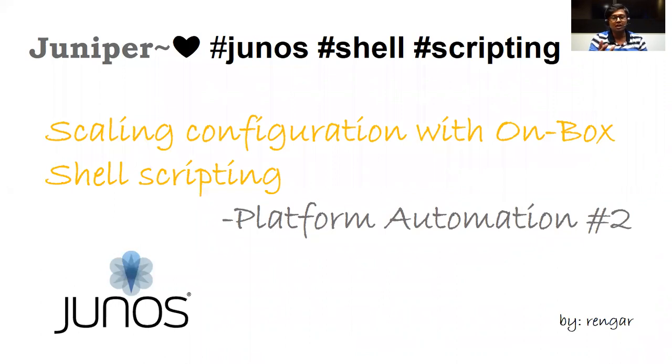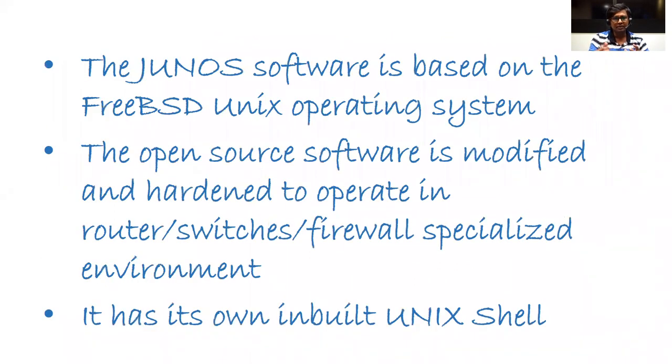And today we'll be discussing how to scale the configuration of the box with the help of on-box shell scripting. The basic idea is how we can leverage the capabilities of Junos to get this done. To start with, the Junos software is based upon the FreeBSD Unix operating system, which has been hardened and modified so that it can fit in a routing, a switching, or a security platform.